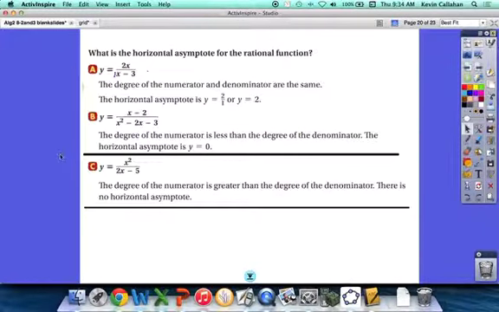So it's got to be one of those. If the denominator is bigger, it's y equals 0. If the numerator is bigger, none. That's it.